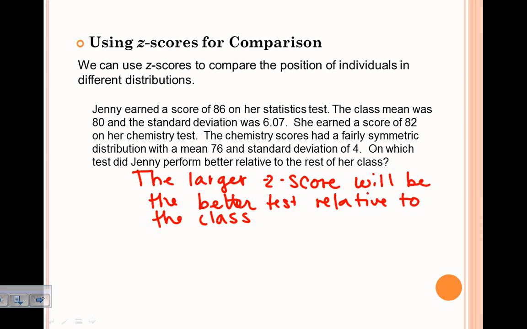Now, if we were talking about how fast you want someone to be, if you want to be faster than them in a race, then you'd actually want the lower z-score there because you want to have a lower time. But in this case, we want a higher score.